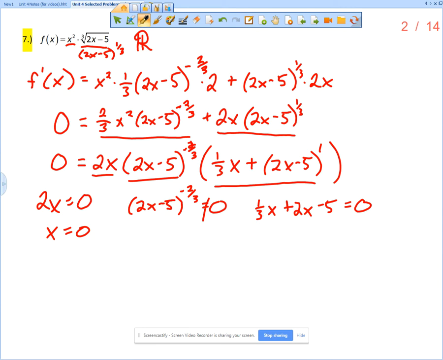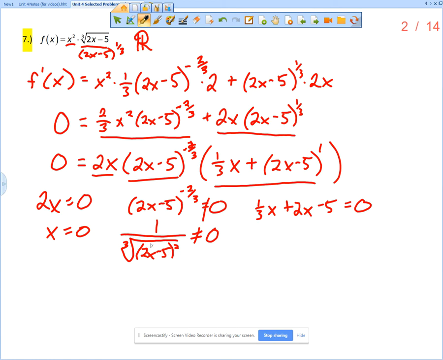Now, going back to 2x minus 5 to the negative 2/3. Why can that not equal 0? Remember, what does this really mean? It really means 1 over the cube root of the quantity 2x minus 5 squared. That cannot equal 0 because 1 divided by anything is never going to equal 0. But that would be undefined, and remember, we do want to know when the derivative is undefined because that would also be a critical number.